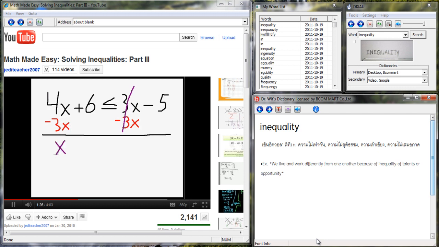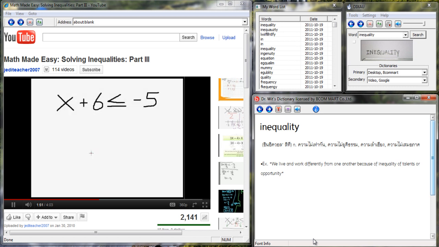So we're just left with 1x or just x. Alright, so let's move over to the right here and let's just bring down our problem. So we have plus 6, bring down our sign, less than or equal to, there's nothing here, and then we bring down our negative 5.